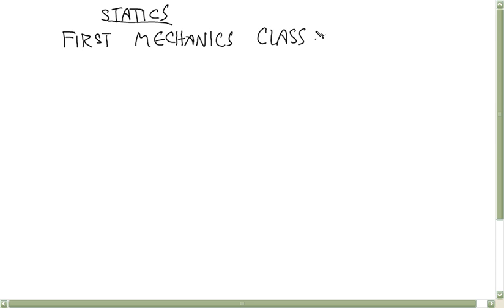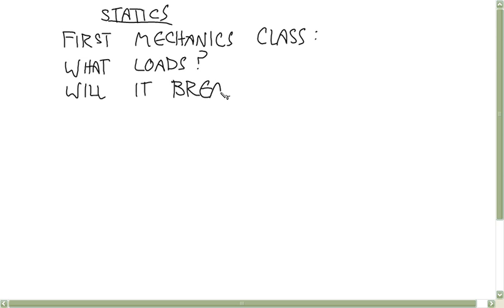And by mechanics, I mean what loads are acting on a body or a collection of bodies. And maybe more specifically, will it break? Will the object be damaged?